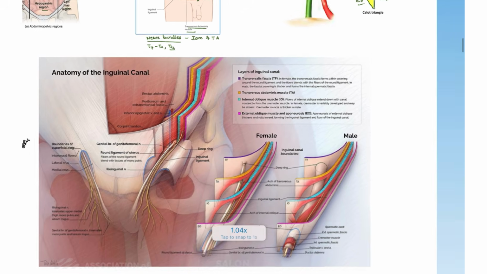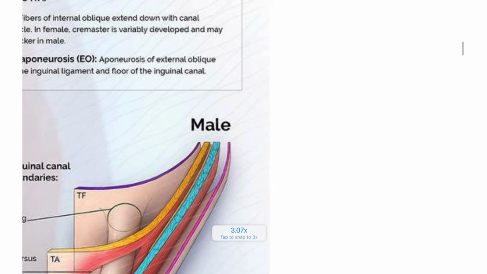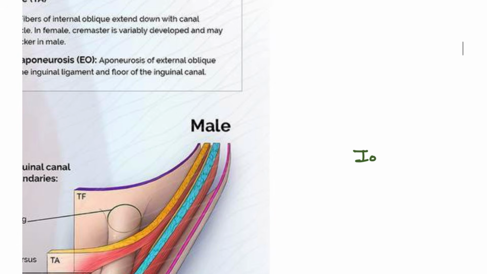Next, the inguinal canal. How is the inguinal canal formed? Basically, the inguinal canal has four boundaries: anterior, posterior, roof and floor.